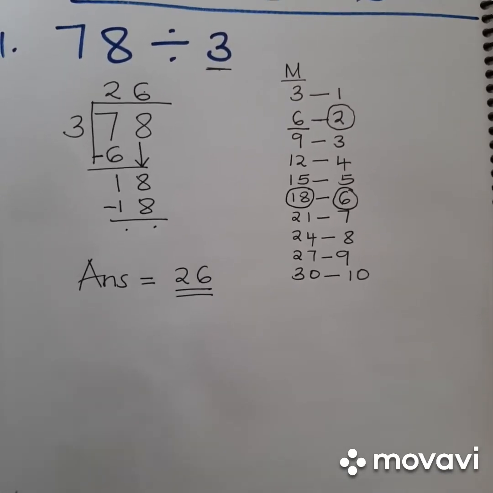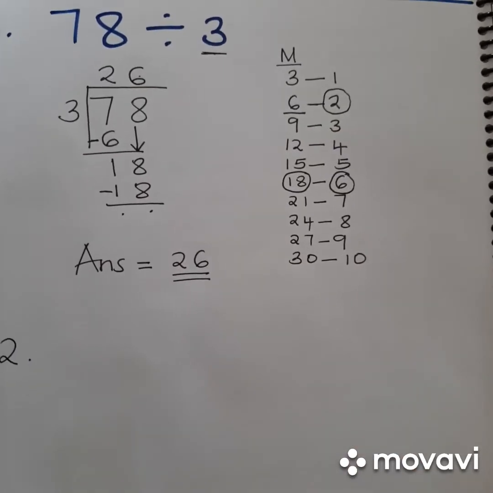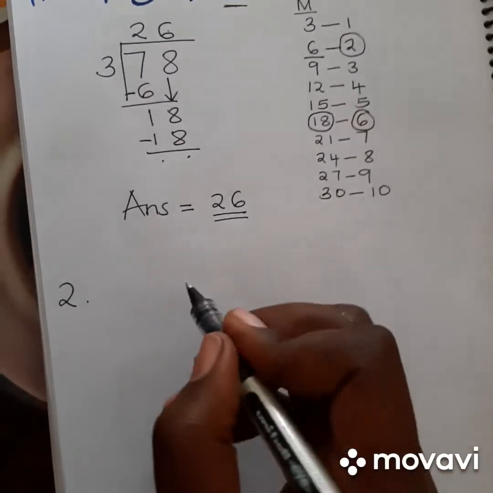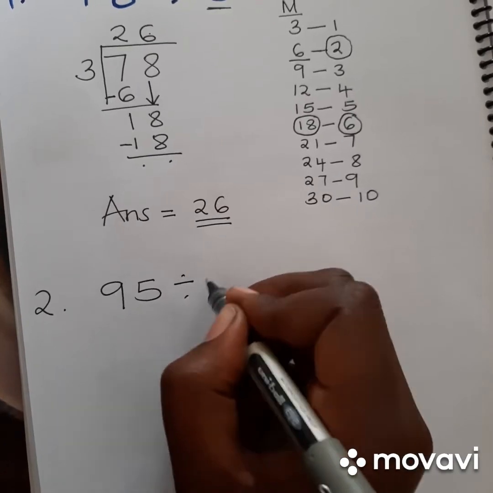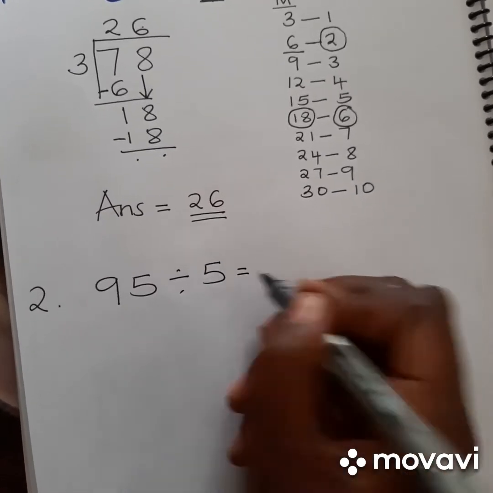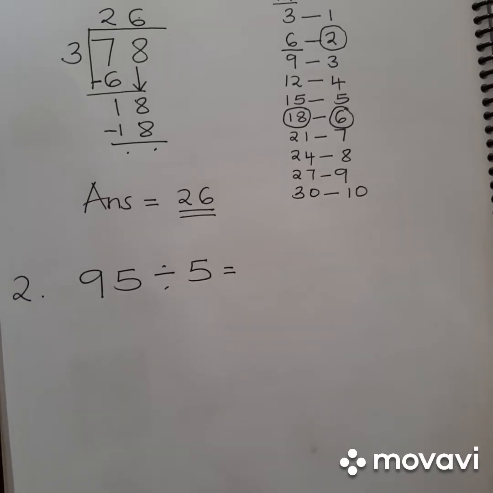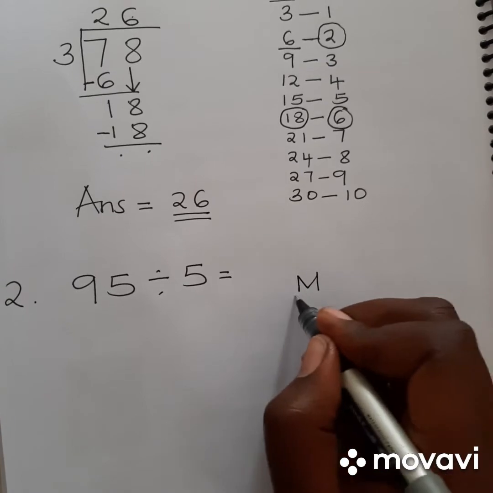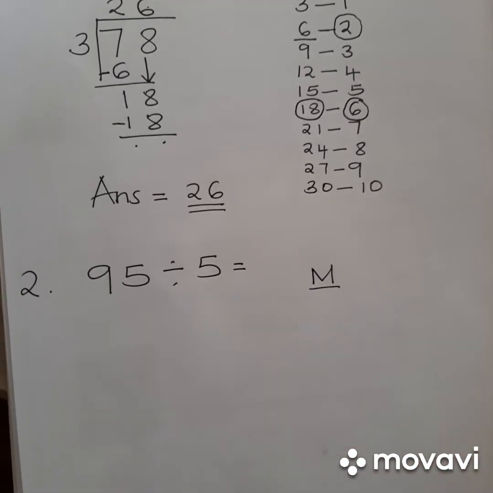So let me give another example. I can give 95 divided by 5. We've said the first thing is what? You write the multiplication table, the multiples. The first 10 multiples of 5 in this case.